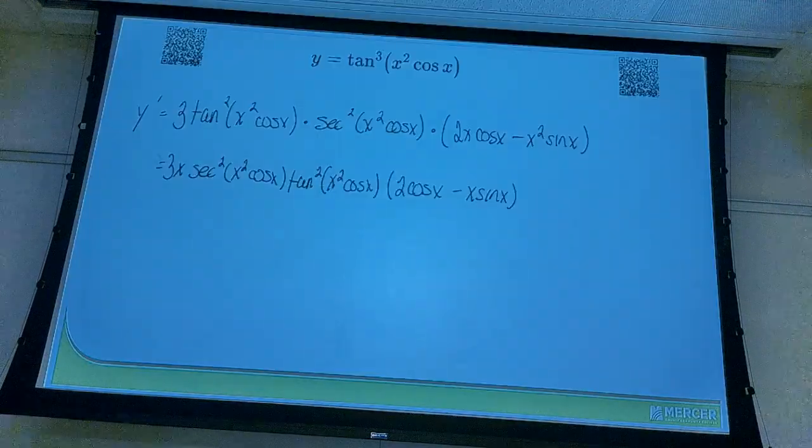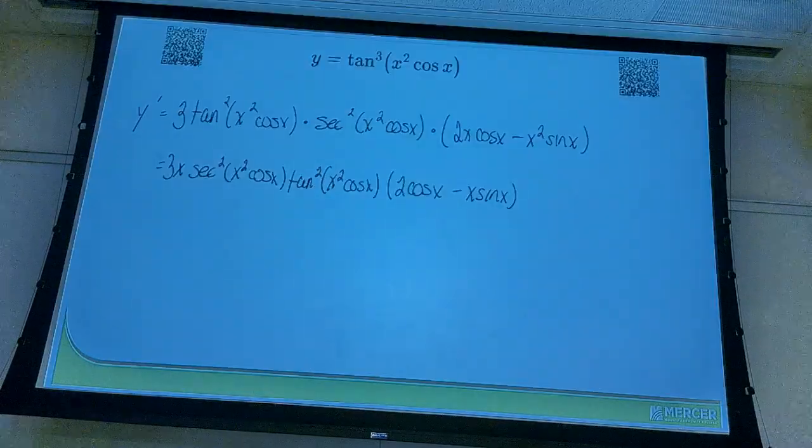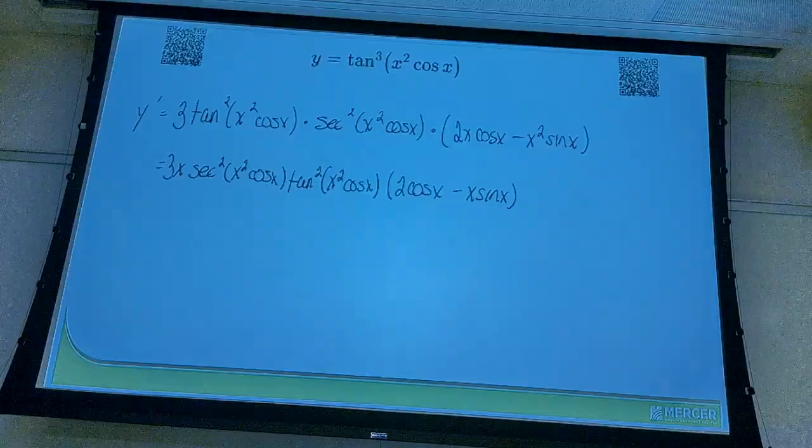I could replace secant squared with 1 plus tangent squared, or I could replace tangent squared with secant squared minus 1, and write that all in terms of either secant or tangent. Is that really going to benefit me? Probably not. That looks good.